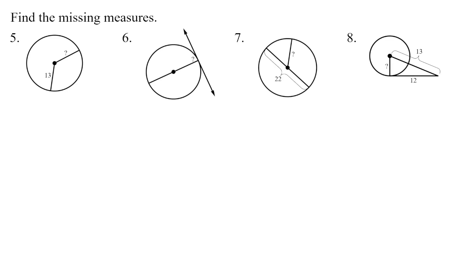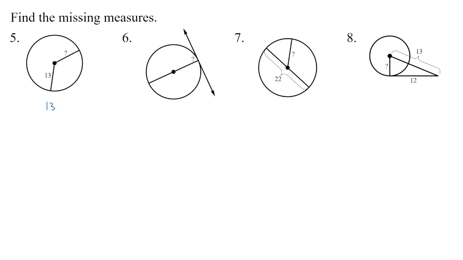All right, let's say you have to find the missing measures. On number 5, you have one radius is 13, and you have to find the other radius. Well, they're both radii. They are congruent. Therefore, if one of them is 13, that means the other is 13. All right, number 6, you have a diameter and a tangent.